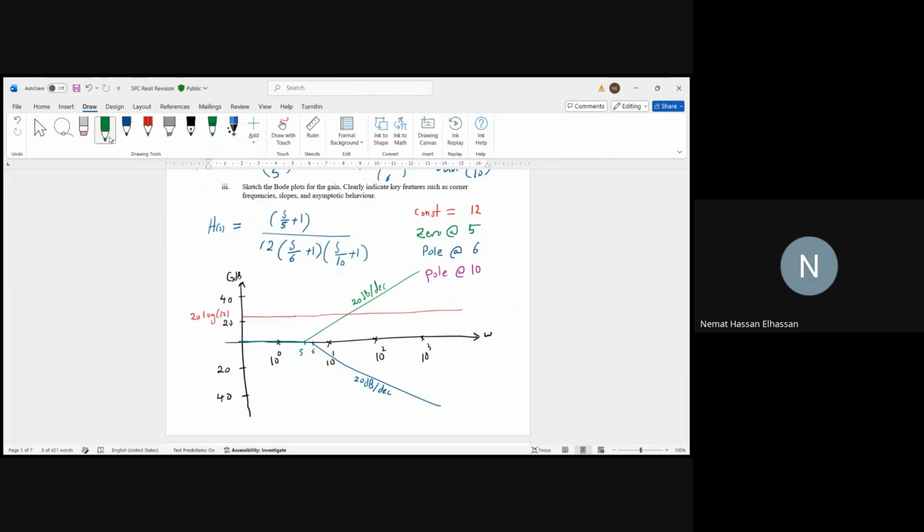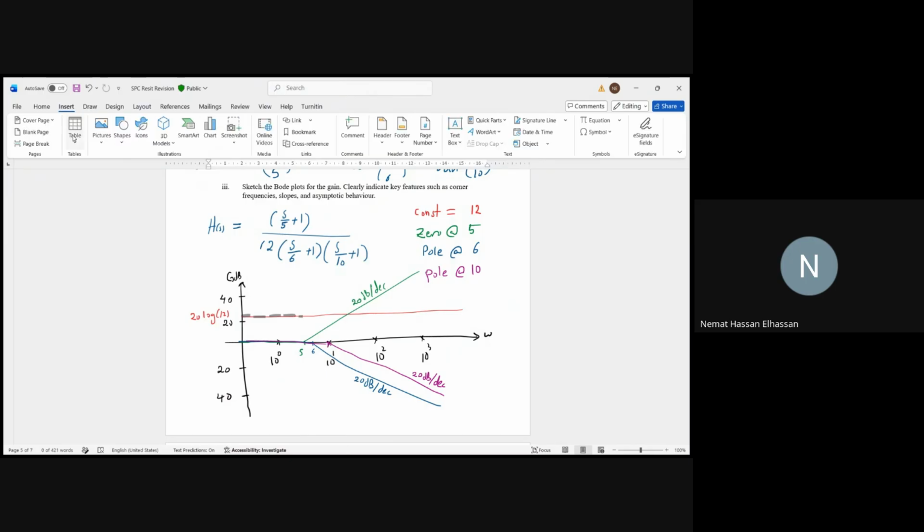And finally, we have the second pole at 10. This is 10. It will be the same, 0 prior, and then when we reach the break frequency, drops with a rate of change of 20 decibels per decade. And then the final step would be to combine all the effects. So we'll start with the 20, and then let's just define our points of change.